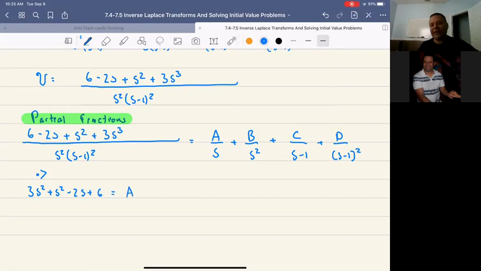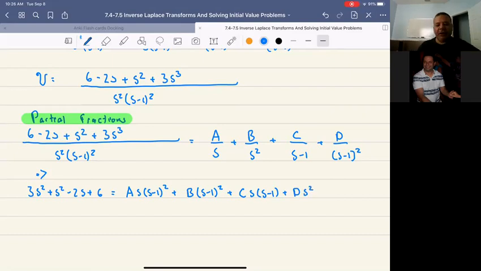Now what's missing there? We need s and s minus 1, actually s minus 1 squared. Plus b. What's missing there? s minus 1 squared is missing. Plus c, s minus 1, plus d, s squared.